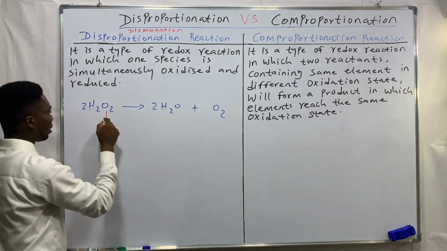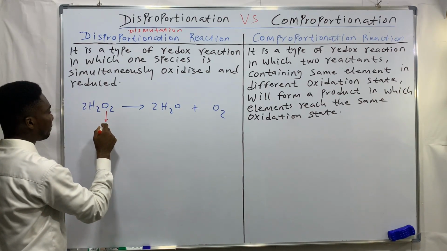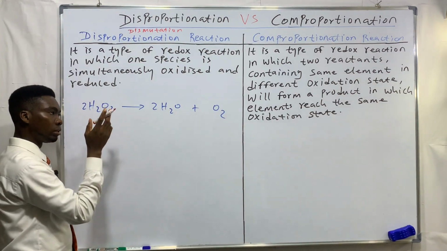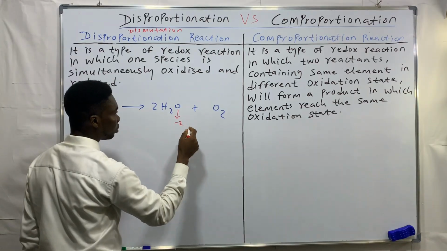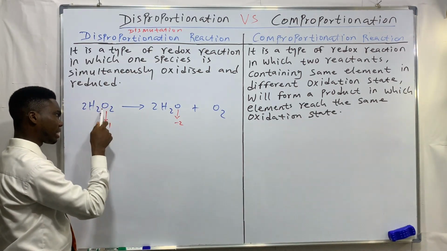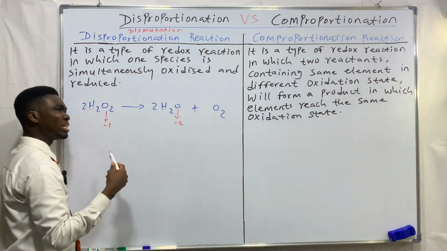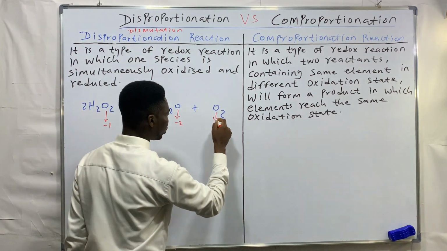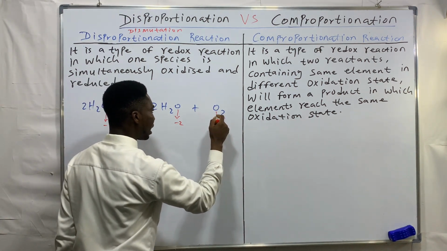Here, the oxidation state of oxygen is -1. Don't forget oxygen is -1 in peroxide, and in oxide, oxygen is -2. In hydrogen peroxide, a peroxide, oxygen is -1. In superoxide, oxygen is -1/2. Here, oxygen is 0. Why? An element in the free state has an oxidation number of 0.